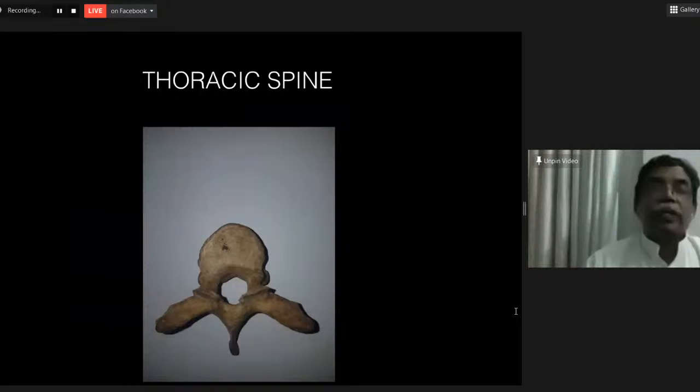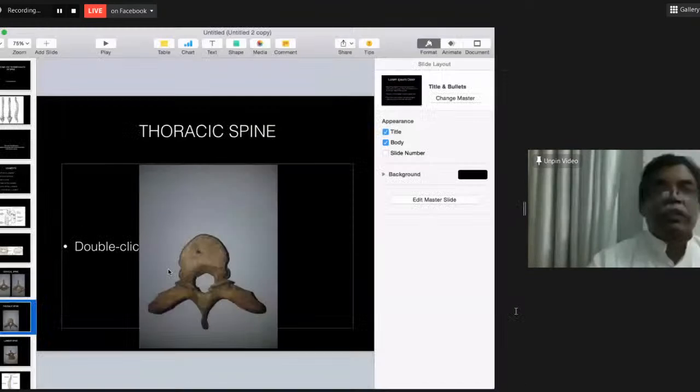Then if you look at the structure of the thoracic spine, you see these facets are arranged horizontally, and when one vertebra tends to move over another vertebra, it permits rotational movements. It's a part of a bigger arch, and it permits rotational movements at the thoracic spine.